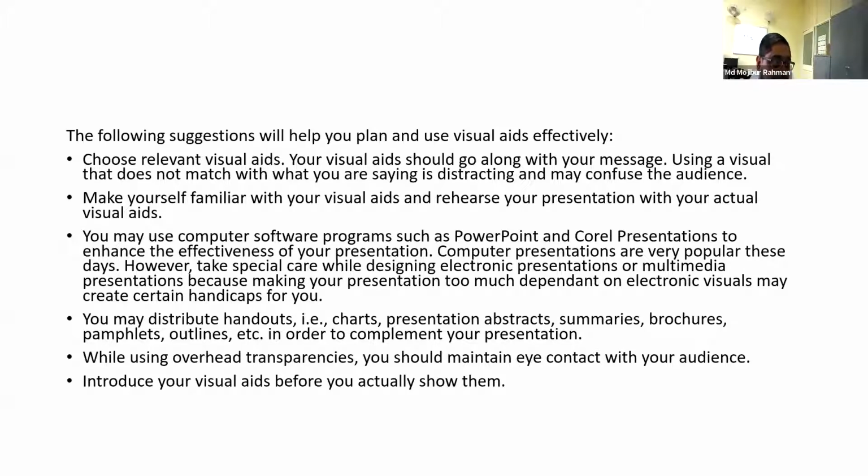Make yourself familiar with your visual aids and rehearse your presentation with your actual visual aids. You may use computer software programs such as PowerPoint to enhance the effectiveness of presentation. You may distribute handouts, charts, presentation abstracts, summaries, brochures, pamphlets, outlines.